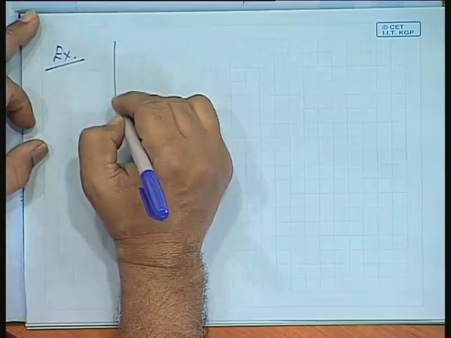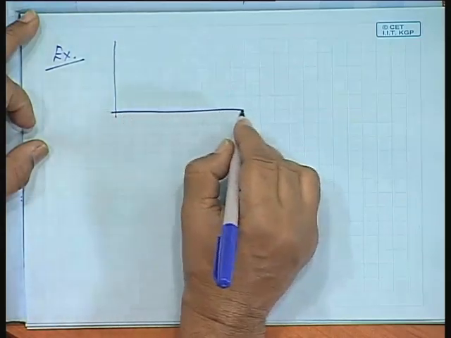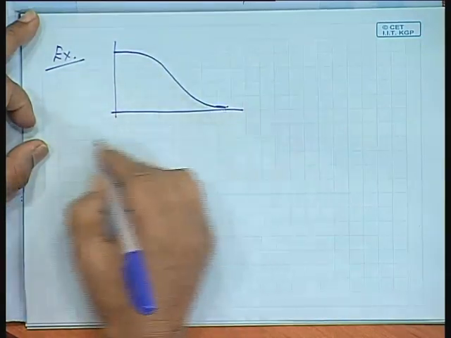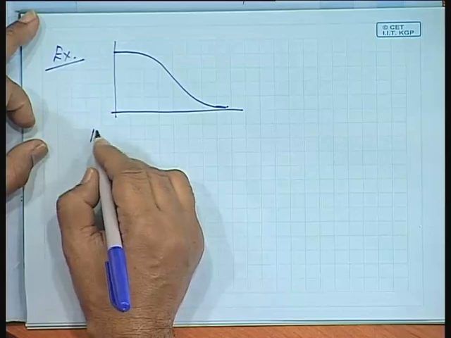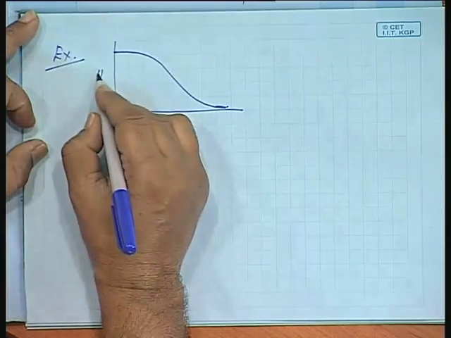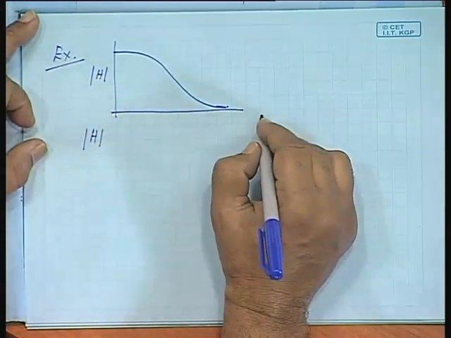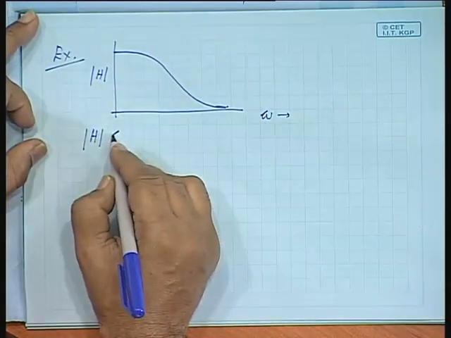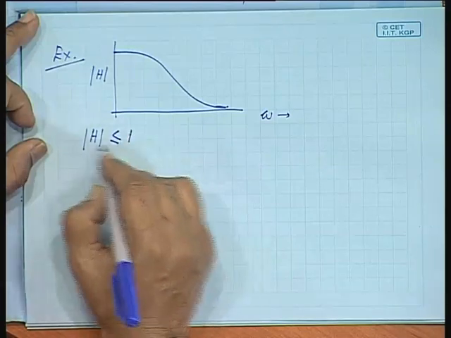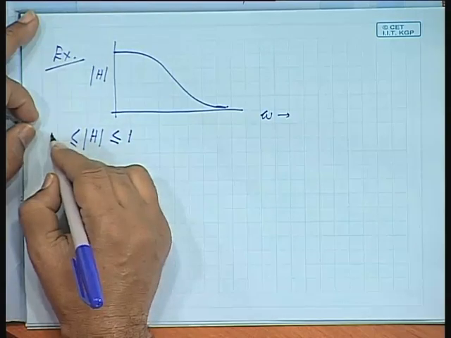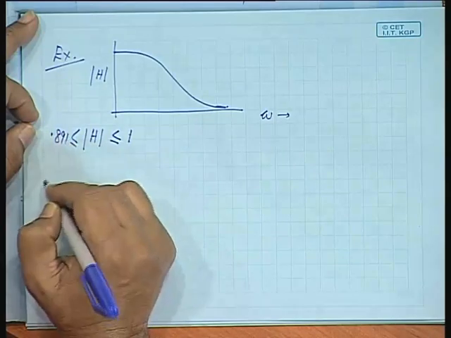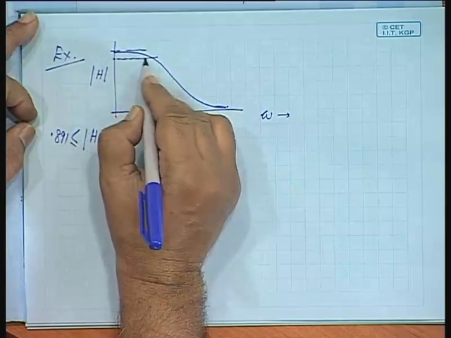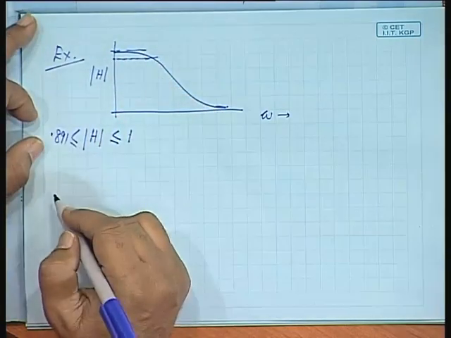A Butterworth filter is to be designed with the specification that magnitude of H is less than equal to 1, on the other side it is 0.891. That means between 1 and 0.891, okay.